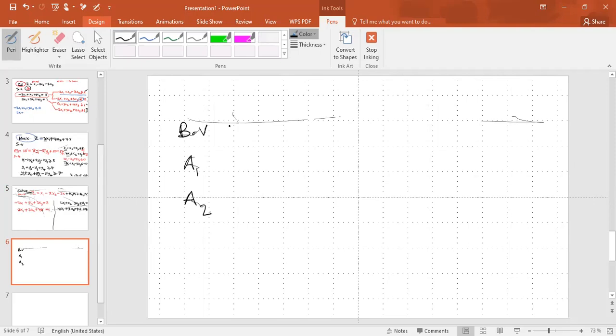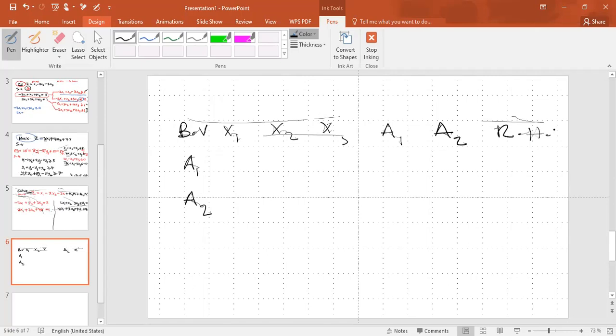So you have x1, x2, x3, then A1, A2 and right hand side.